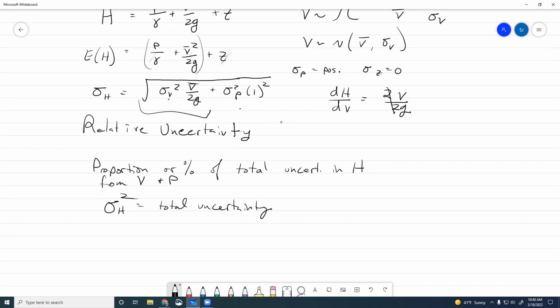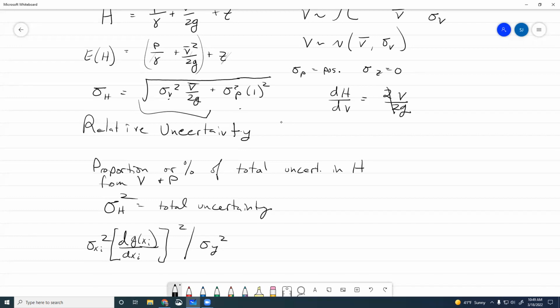So we'll stick with variance and say sigma xi squared times the derivative with respect to xi of g of xi, squared, all over sigma y squared. And so you can do this for each xi.